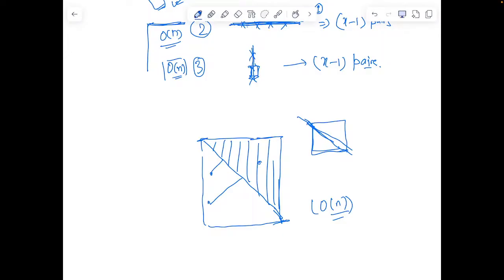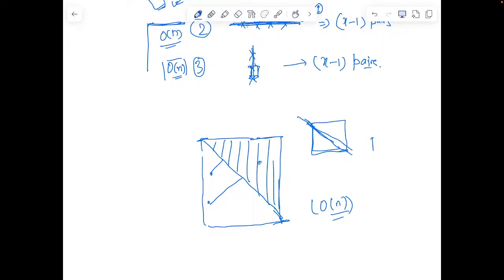Can any pre-computation be done? Any kind of pre-computation, what kind of pre-computation?